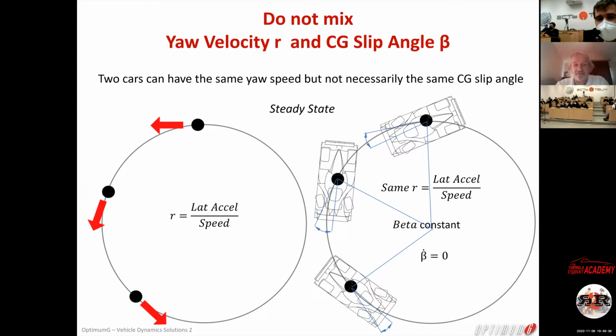Ta-da! That's very simple, okay? So yaw velocity is the degree per second that your yaw is changing. Your car here is there, and when you're going to make one circle, well, the position of the car will have changed 360 degrees, okay? All right.